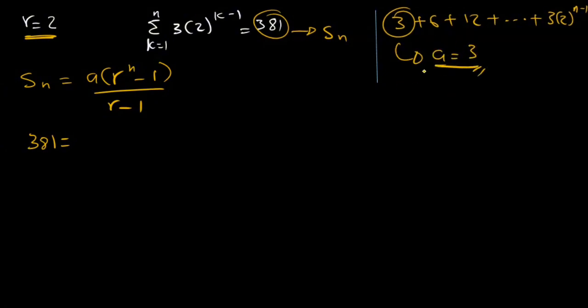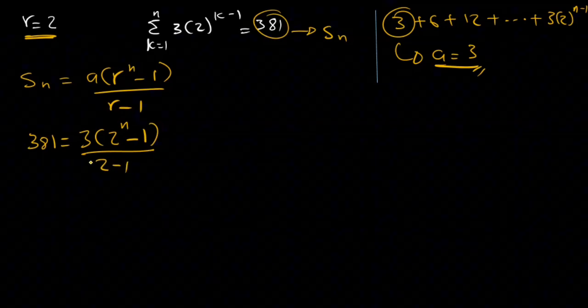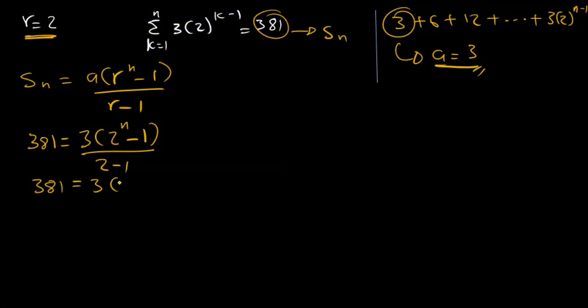This is your first term. So I'm going to do the substitution, which is 3. What is the value of R? 2, and the denominator is 2 minus 1, which will be 1. This gives me 381 equals 3 times 2 to the power n minus 1. Divide both sides by 3. What do you get? 127 equals 2 to the power n minus 1.